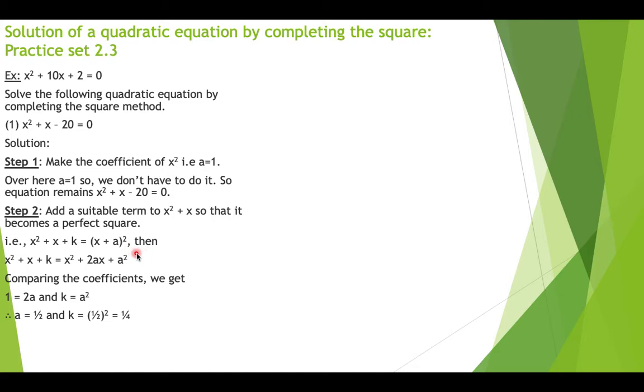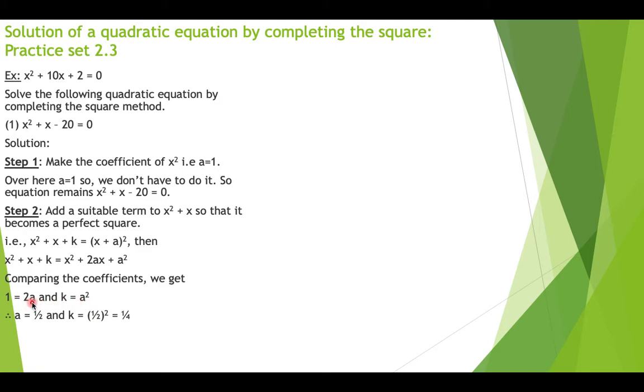When you open x plus a the whole square, that is, a plus b the whole square, it is equal to a square plus 2ab plus b square. Now, comparing the coefficients on both sides, we get 1 is equal to 2a and k is equal to a square.